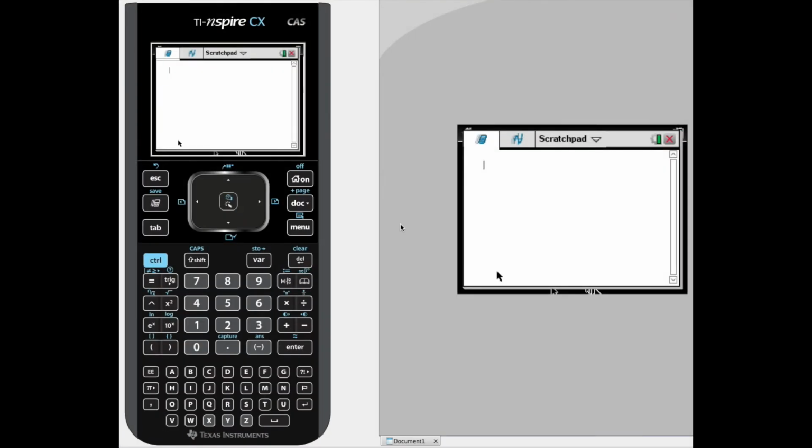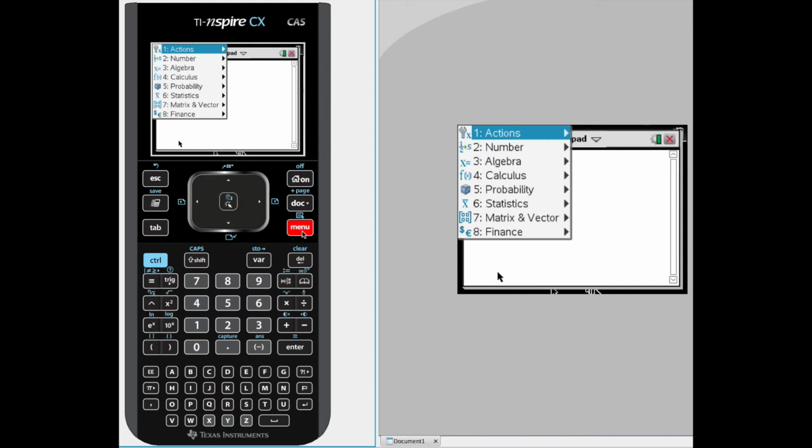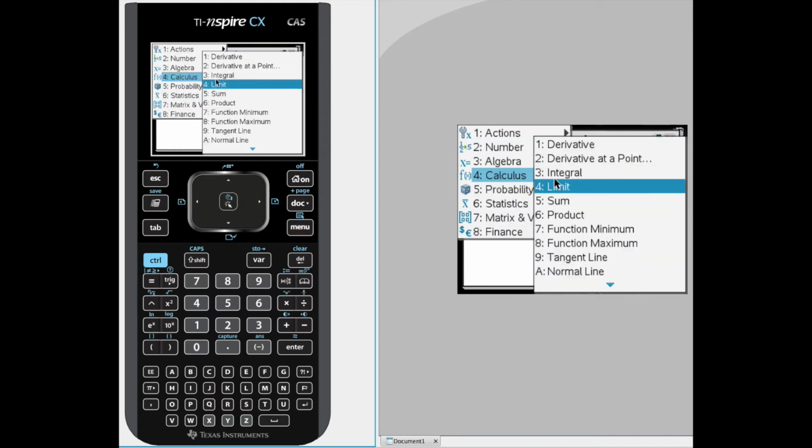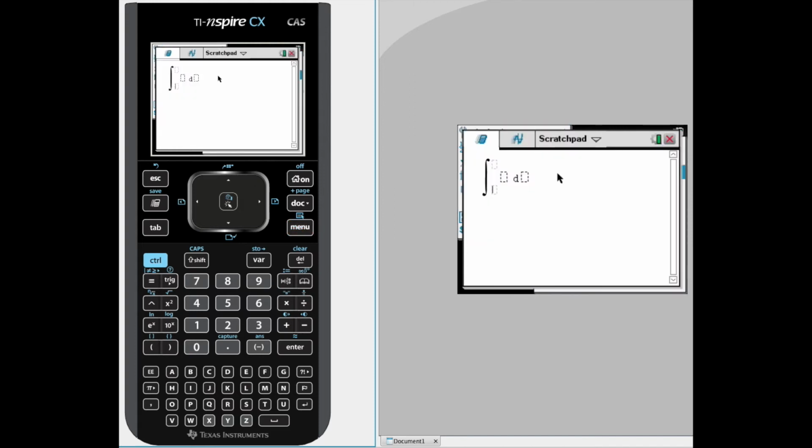So, okay, we've got our calculator up here. We've got it on the scratch pad, and let's just go ahead and hit Menu, Calculus. We want to do an integral. The lower limit was 1, and the upper limit was e squared, but I see I forgot to include the 2 pi out front, so let's do 2 pi, enter, times.